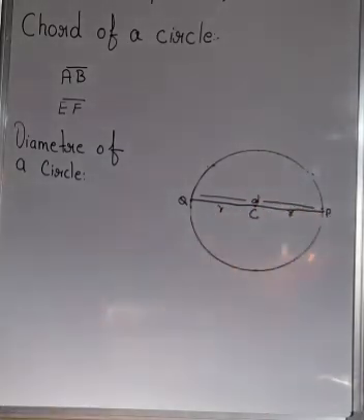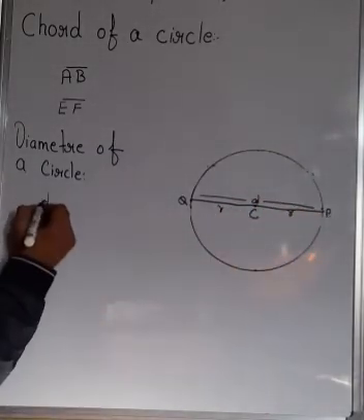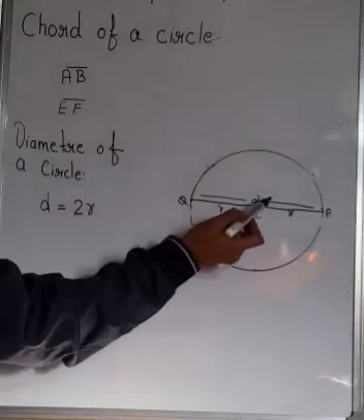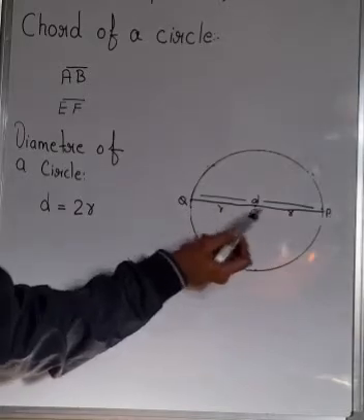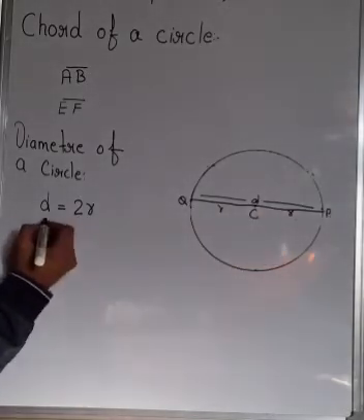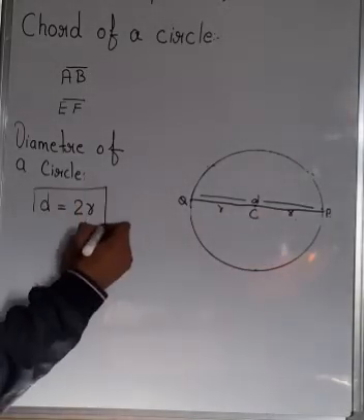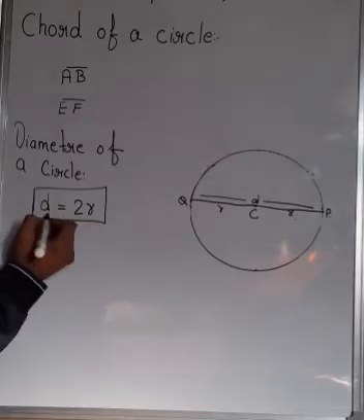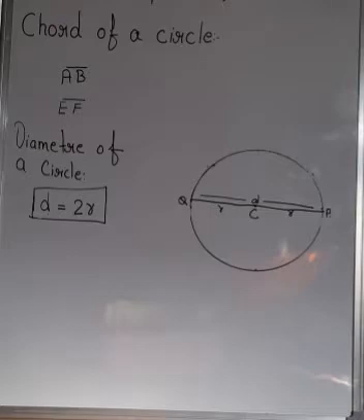It is your diameter. So you can write D is equal to 2R. Clear? Why? Because this is total D, and 1 plus 1 will be 2R. So this is the relationship between the diameter of a circle and the radius: twice the radius is equal to the diameter. Clear?